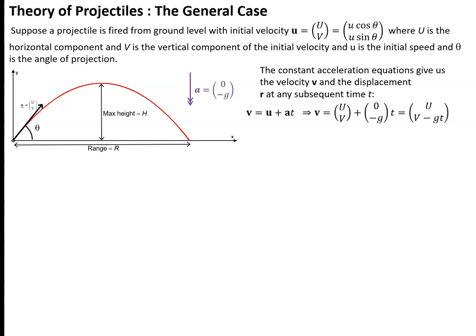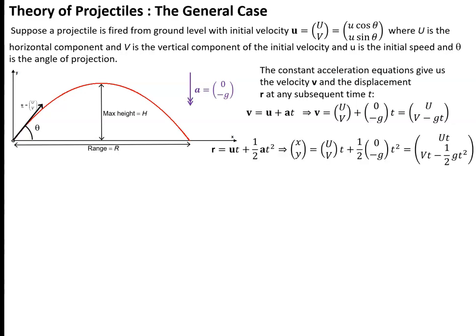As before, remember that this means that the horizontal component of the velocity is constant throughout the motion. That's not a surprise because the acceleration is acting downwards only.